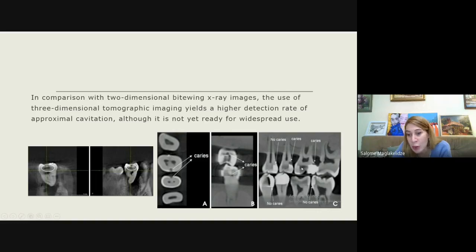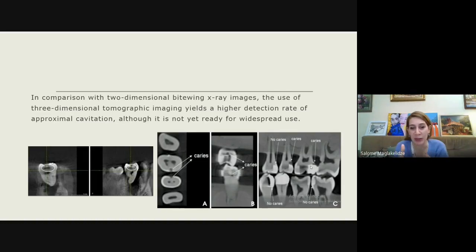And the same situation we could see here. We have the restoration, and underneath we have a demineralization spot.